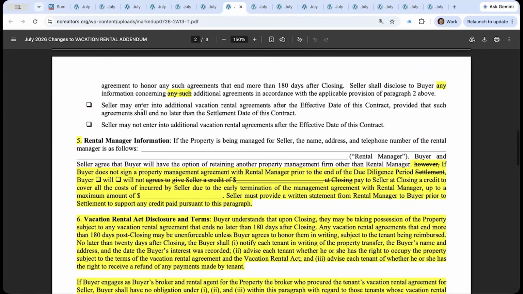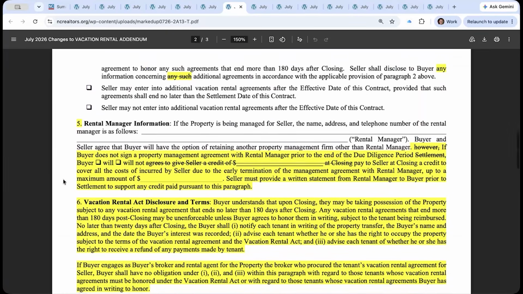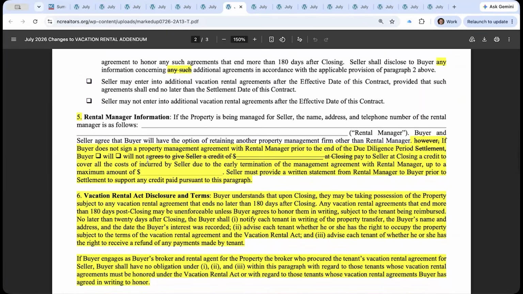Down here for the rental manager information, this blank has been deleted and a new blank put in its place. And they're two pretty different blanks. This blank here was adopted, I want to say, was it last year or the year before? It was adopted to give a specific number that the buyer would have to pay if they're not going to use the seller's property manager.